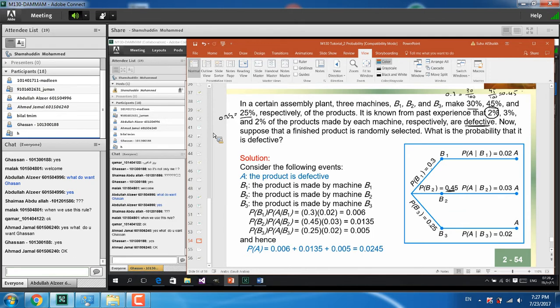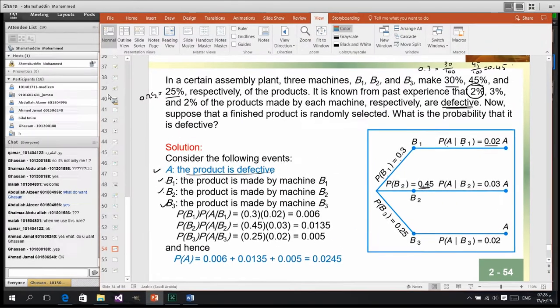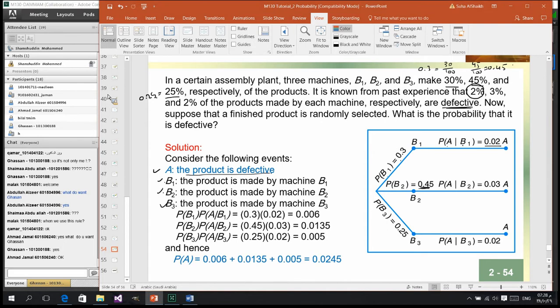So from machine B1, machine B2, machine B3, defective, I'm going to call it A. They call it A, or you can call it D. It's up to you. From machine 1 defective, the probability is 2%, meaning 0.02.